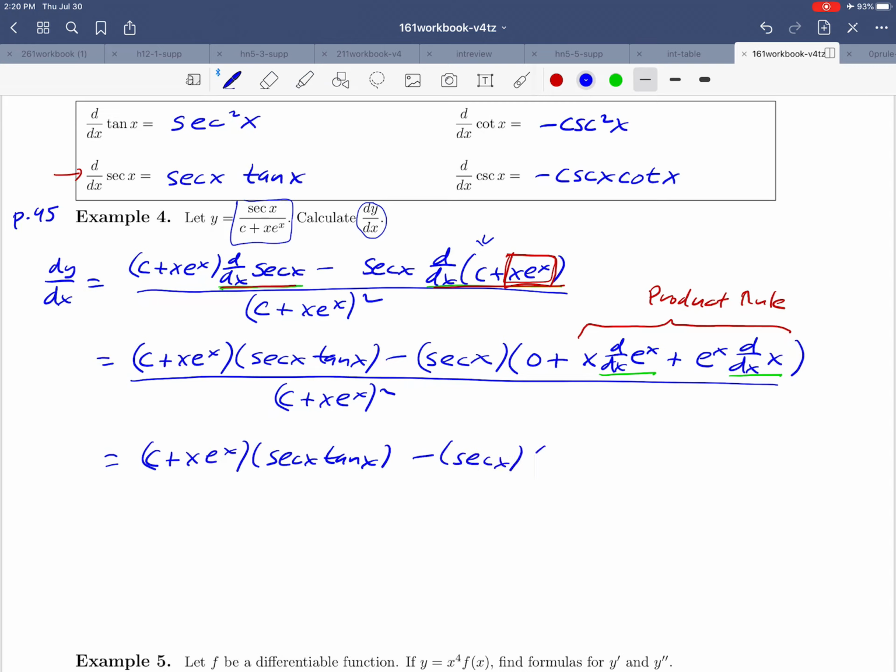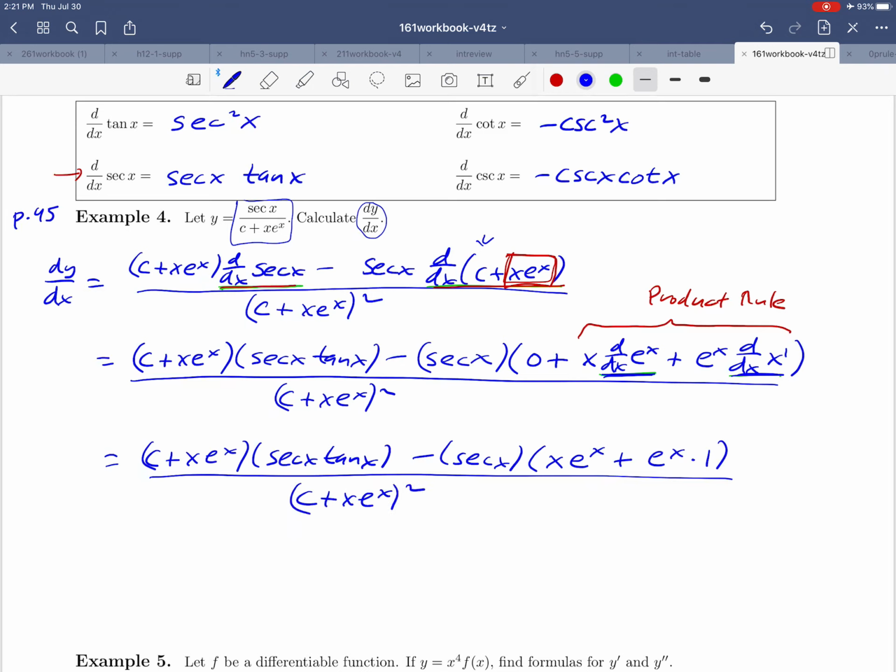Secant of x, and then, let's see, we've got x times, now we're ready for the derivative of e to the x. The derivative of e to the x is still e to the x, plus e to the x. And what is the derivative of x? Well, the derivative of x is the derivative of x to the first. That's going to be 1x to the 0, which is just going to simplify to 1. We've seen that a couple of times.